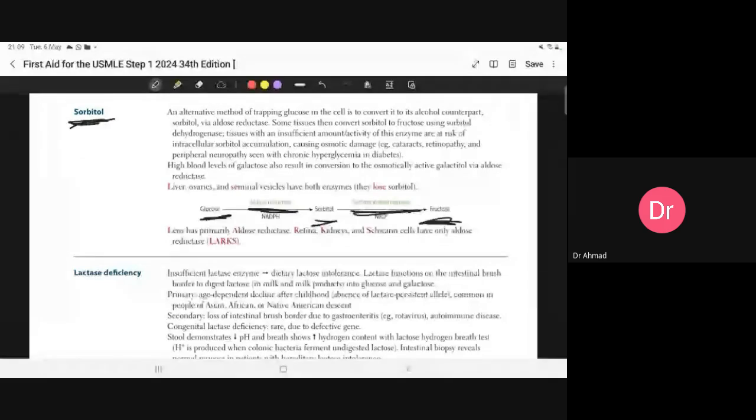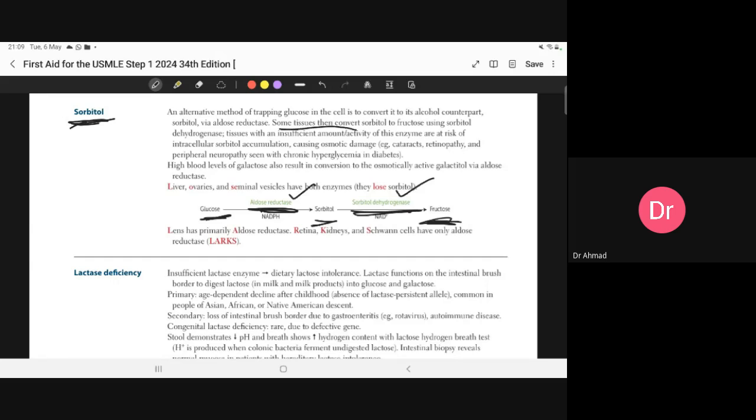Only those cells that are deficient in this enzyme or this enzyme are affected. No other cell of your body is affected. Okay, so whenever you have excessive glucose, your cells think, okay, I should pick it up and take it inside me. They become greedy and pick up the glucose, but they are deficient in this enzyme, aldose reductase or sorbitol dehydrogenase. We will talk about what kind of cells they are, and that's why it is toxic to the body.